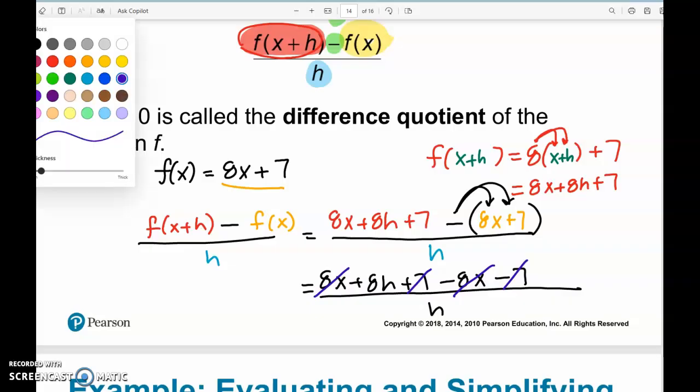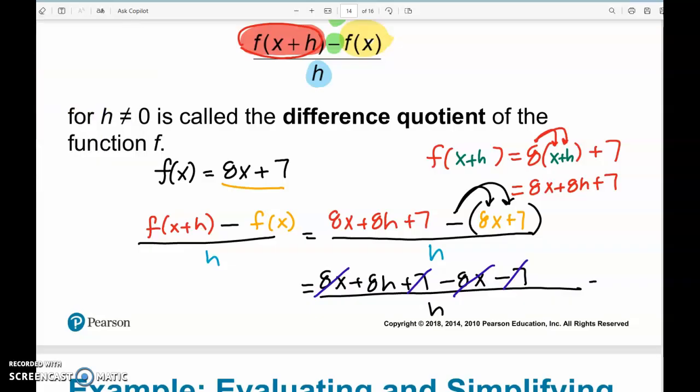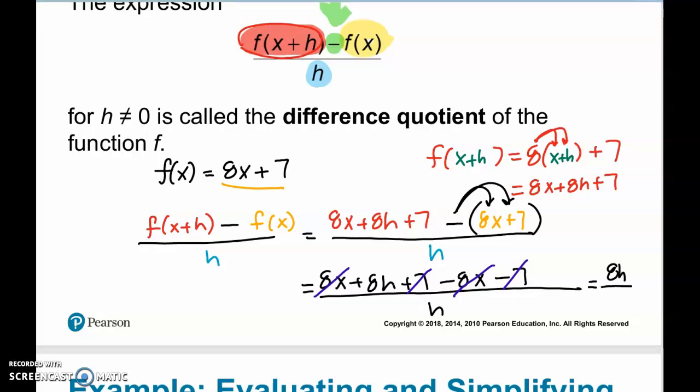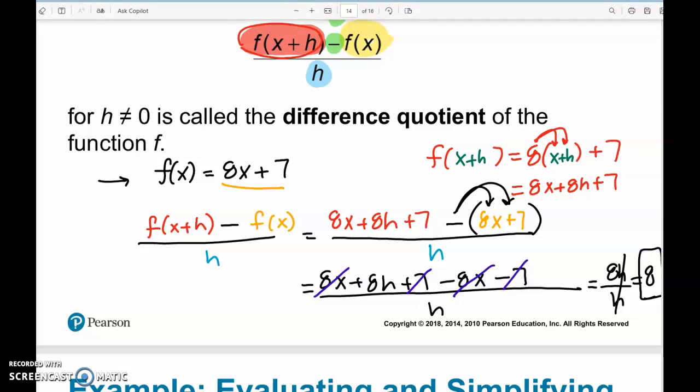So what do I have left in the numerator? I have 8h. In the denominator, I have h. The h's divide out. I'm left with 8. This is the difference quotient for this linear function. And see, it is the slope of this line. And we'll talk more about slope as we progress.